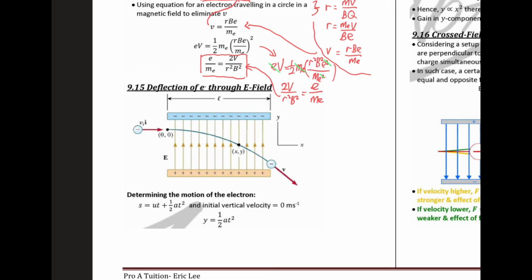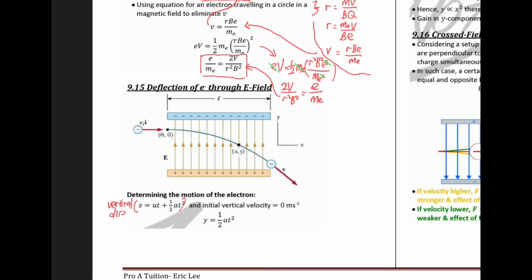To determine the motion of the electrons, we use s equals ut plus half at squared, and the initial vertical velocity equals 0 meters per second. That means we apply this formula in the vertical direction.